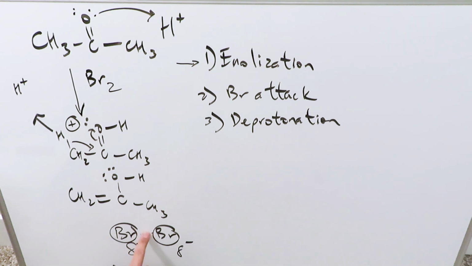You know each bond is represented by 2 electrons, and this one bromine can just pluck it away, making this electrophilic. You could end up having an electrophilic bromine and a nucleophilic bromine in the same molecule, Br2 diatomic.